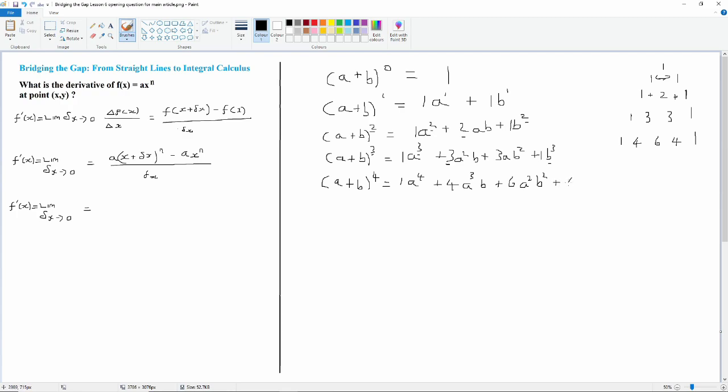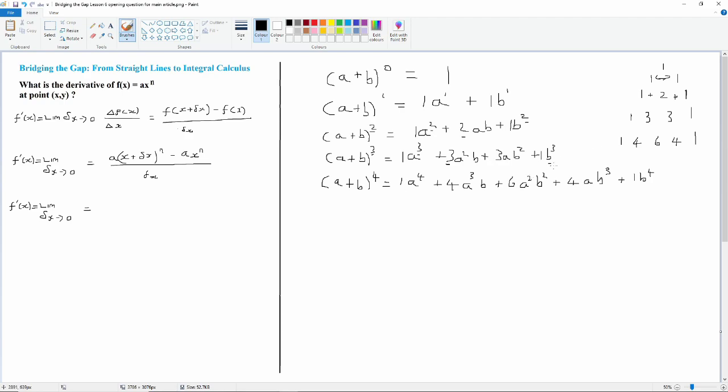plus 4 times a b to the power 3 plus 1 times b to the power 4. So there's our pattern.